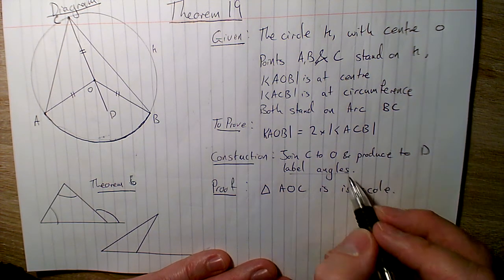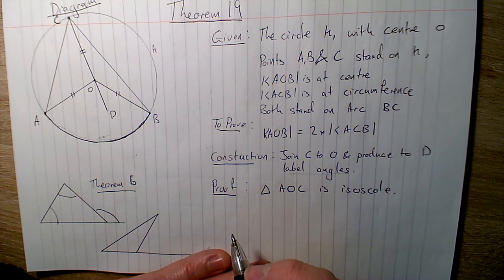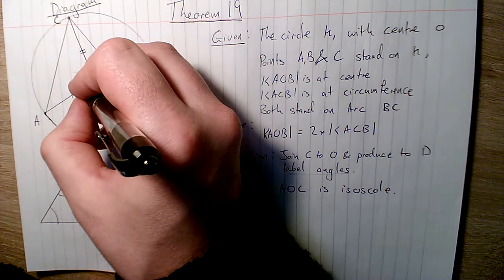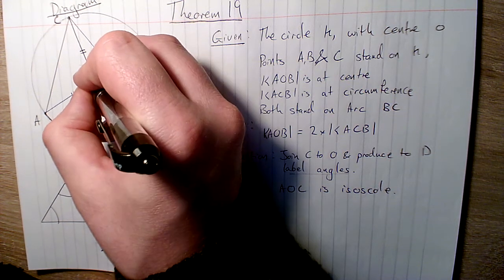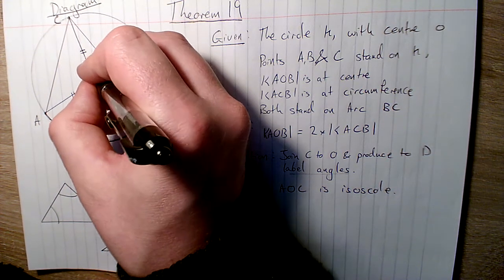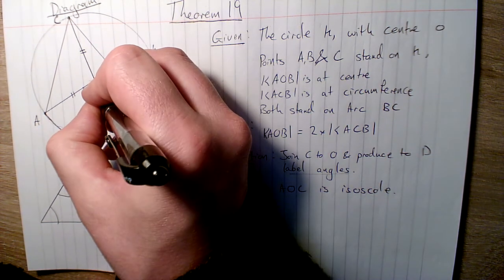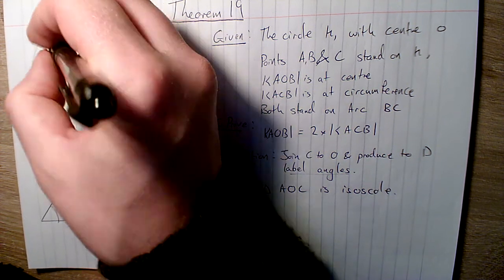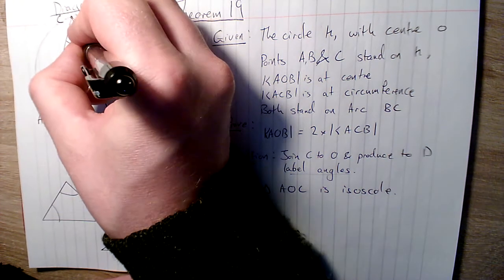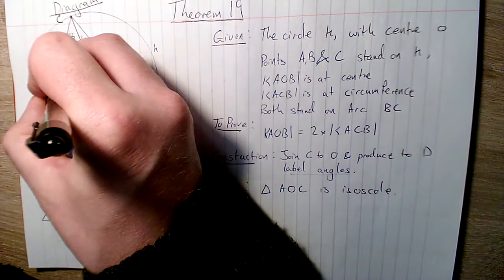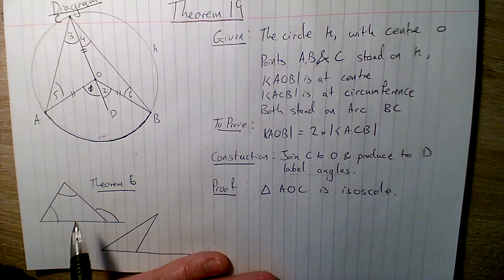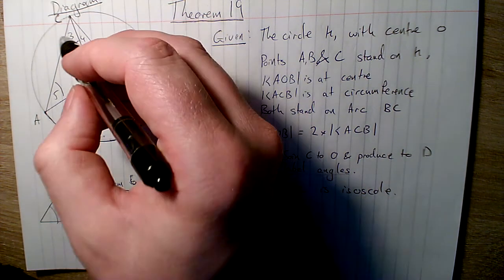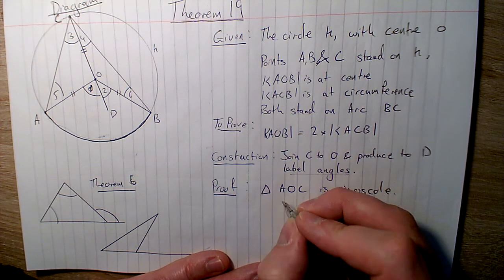The second part of our construction, label our angles. I'm going to call this angle at O, 1. I'll rename that, call that O up there. Call this one 2, 3, 4, 5, 6. But of course, because we know that AOC is an isosceles triangle, we can say 3 and 5 are the same.